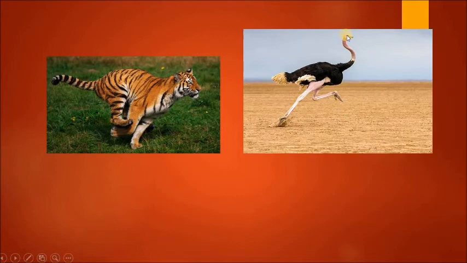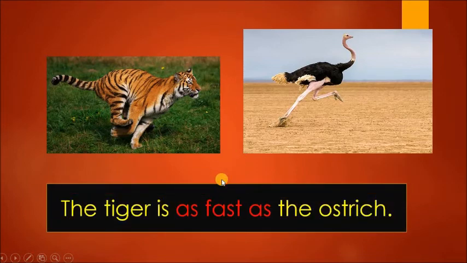And on the other side we have an ostrich. This is an ostrich. It's really fast too. So if we compare these two animals, we can say that both are fast. And if we use the structure as fast as, we can say that they are equal in this ability. So the tiger is as fast as the ostrich.